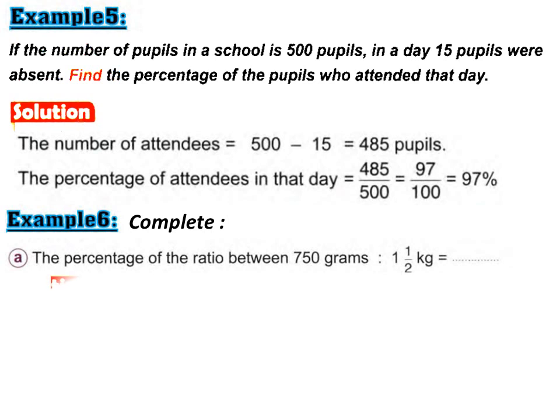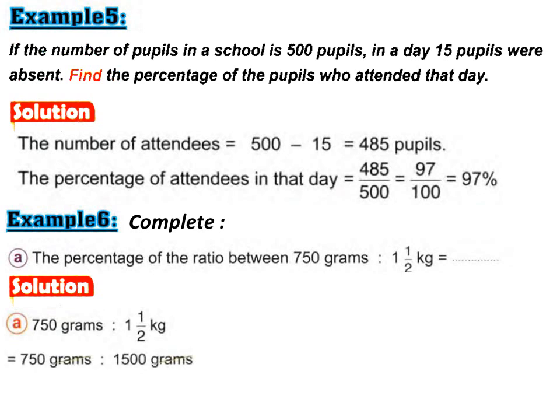Firstly we put the ratio in the same units: 750 to 1,500. By using reduction, it will be 1 to 2.